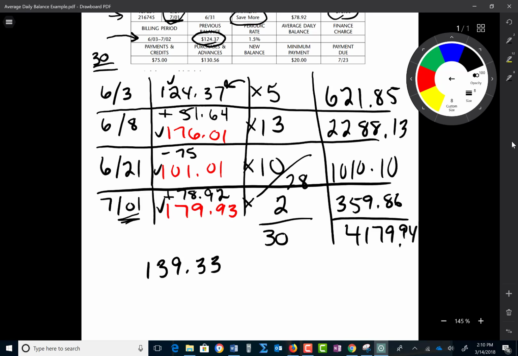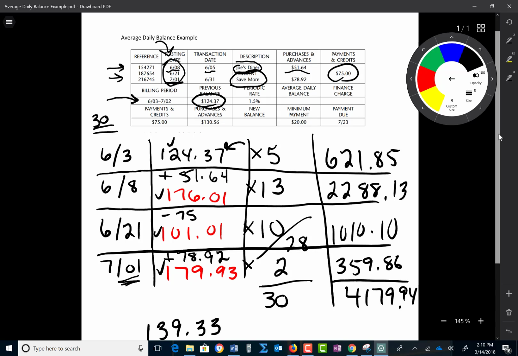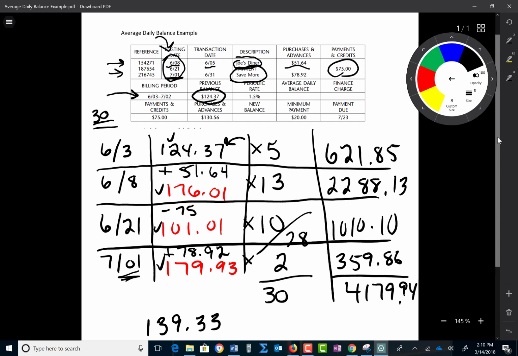So this is where our finance charge comes from. They take the interest rate and they multiply it by that average. So you would need to know your periodic or your monthly rate. And in this case, my monthly rate is 1.5%. So they're telling me that every month I pay 1.5% interest.